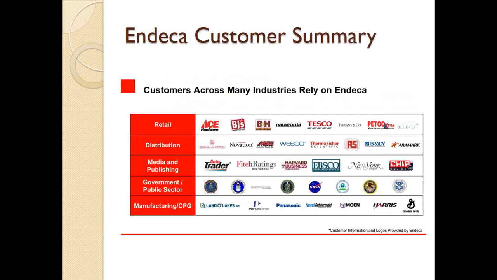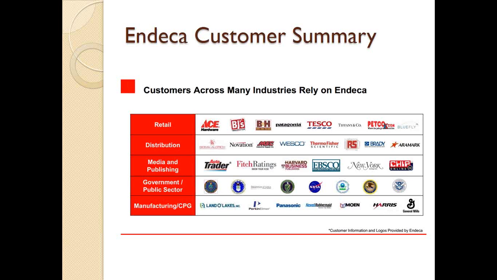In this slide, you can see the list of clients or customers that are using Endeca as a solution, across different domains or industries. In the retail domain, you have B&H, Tesco, Bluefly. In the distribution sector, you have Aramark, Novation, Vesco.